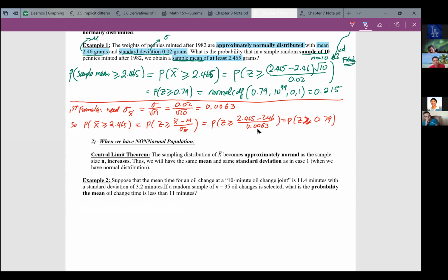They call it the central limit theorem. It says that the sampling distribution of x bar becomes approximately normal as the sample size n increases. Therefore, we will have the same mean and the same standard deviation as in case one, even when we don't have a normal distribution. If you take more and more samples, you will build up a better result, and in the end it will give you a bell curve no matter what, right?